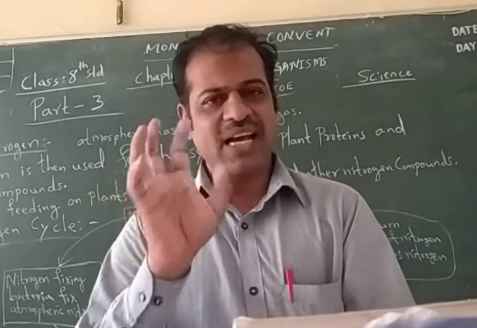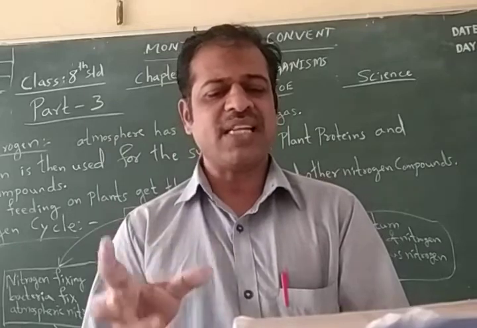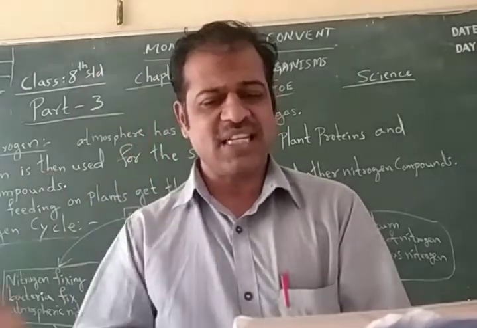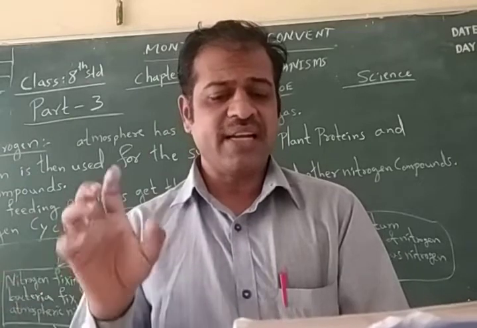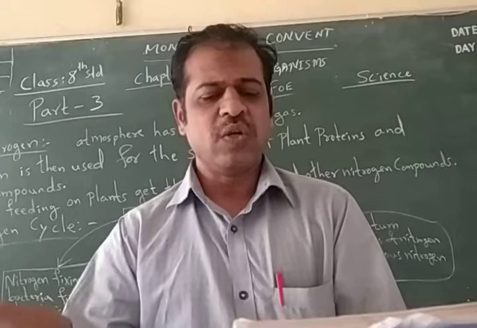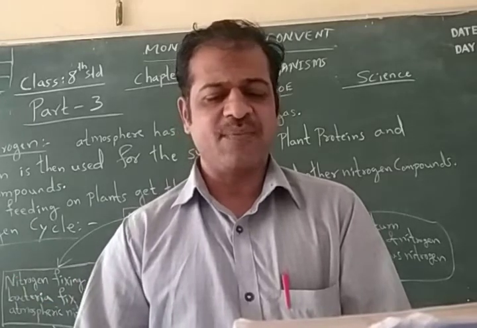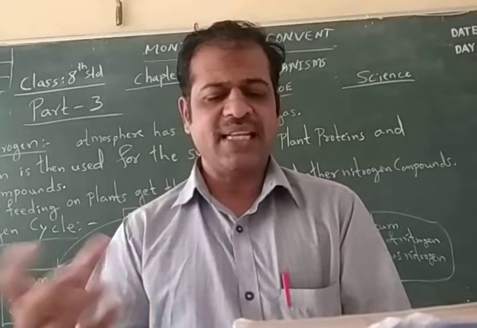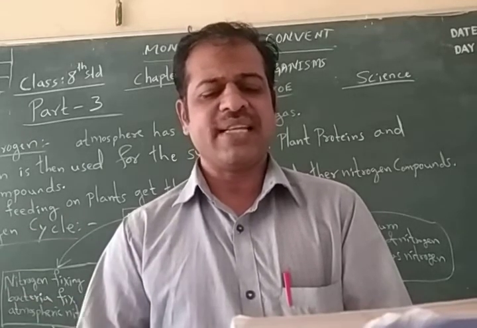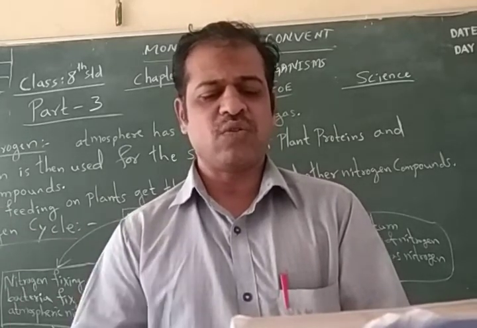Once again I repeat, students, when plants and animals die, bacteria and fungi present in the soil convert the nitrogenous waste into nitrogenous compounds to be used by plants again. Certain other bacteria convert some part of them into nitrogen gas, which goes back to the atmosphere.